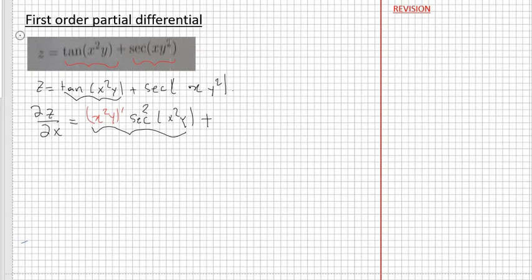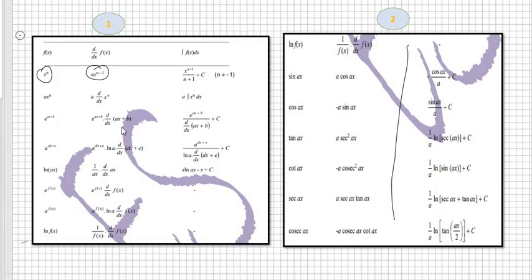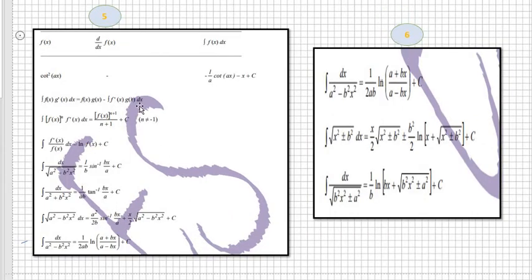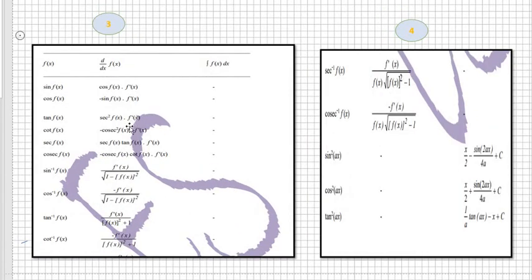Okay, before I do the derivative of sec, I'm gonna explain you where I get this. So it came from the formula sheet. So if you go over the formula sheet, you look at the derivative of tan of f of x. So all you need to do here is, so you are actually applying this formula to the first term, because we have a tan.